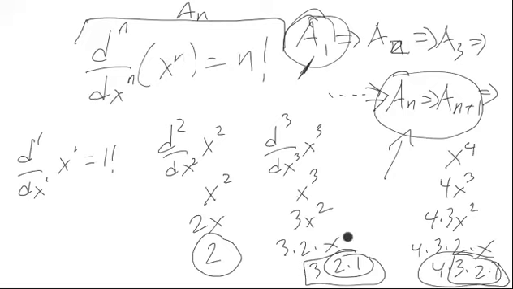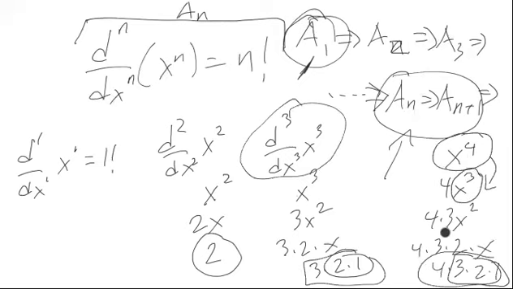Let's see how this idea is used in the computation of x to the fourth. Now notice when we're taking the derivative of x cubed, that's actually after we've taken one derivative already. So we take one derivative and then we have an x cubed and then we go for it. That actually tells us a lot about what we're trying to do.